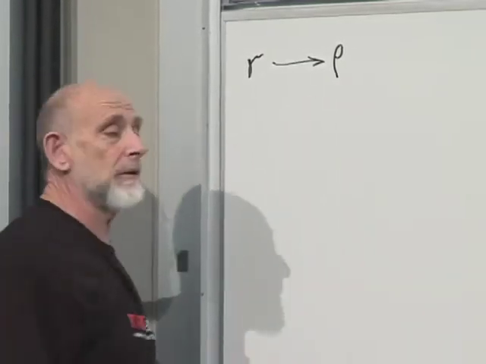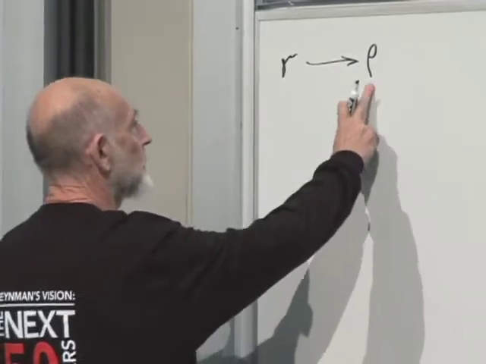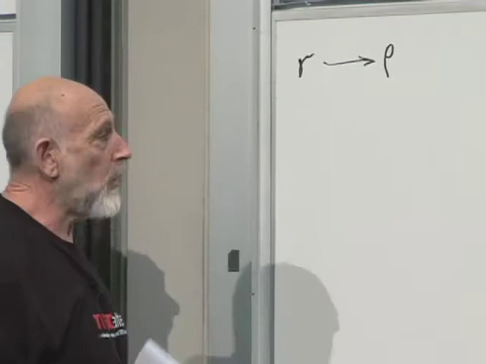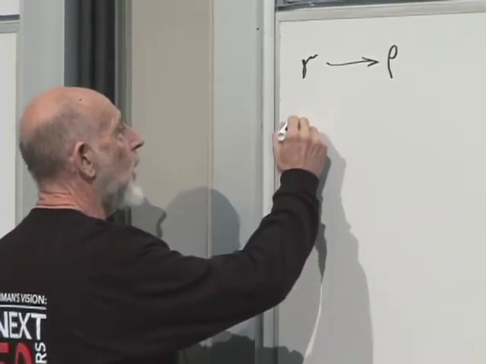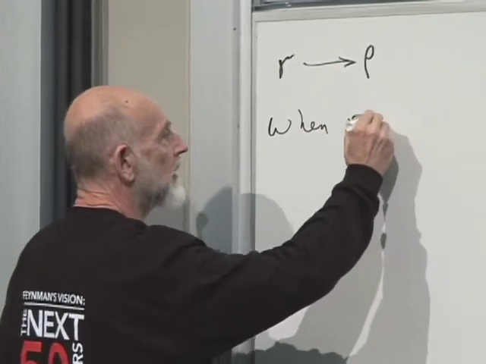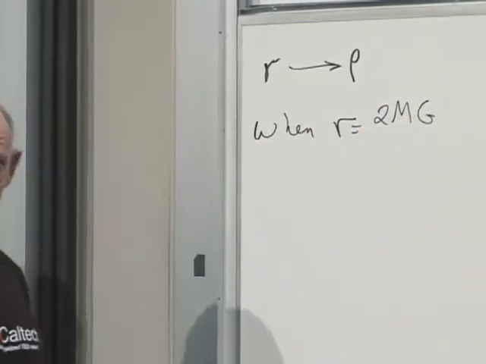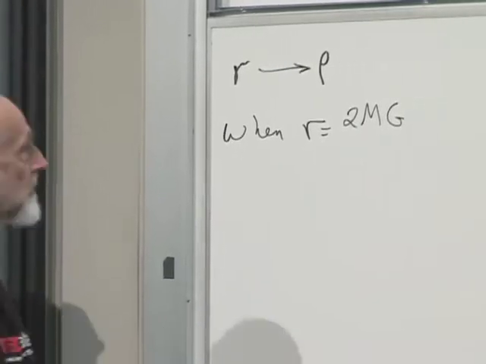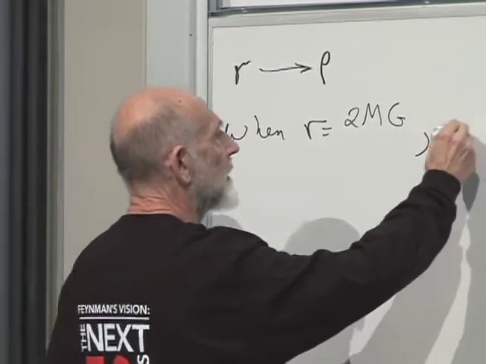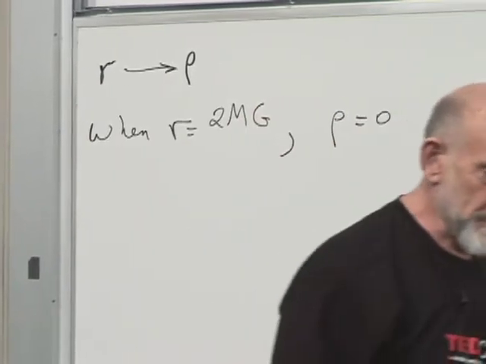And I won't bother writing down the relationship between them. Not terribly important to know. But one thing is important: at the point when r is equal to 2mg, that's the Schwarzschild radius, that's the point where the horizon is, at that point, rho is equal to 0, proper distance from the horizon.